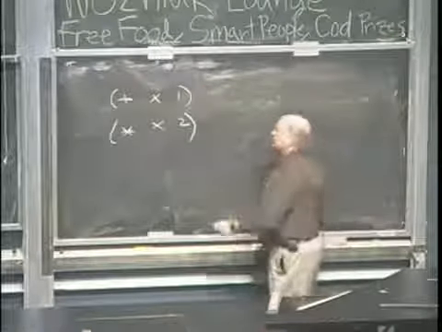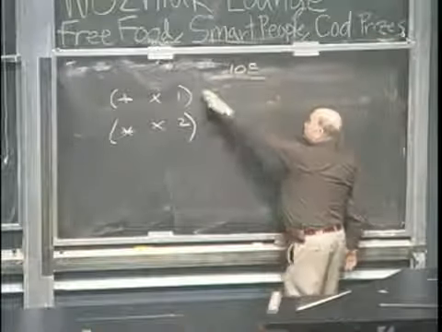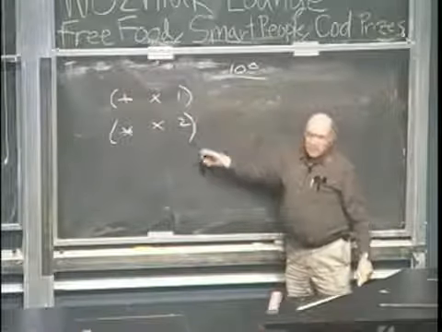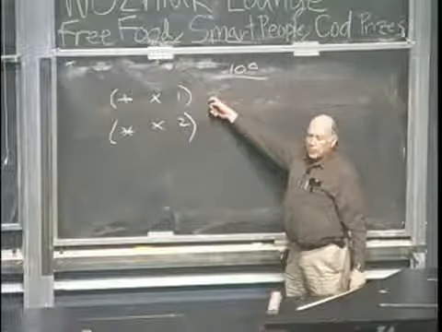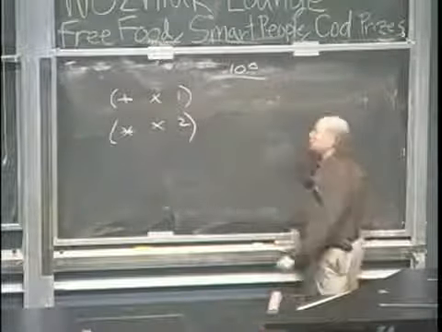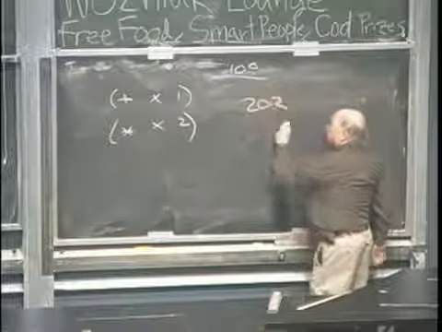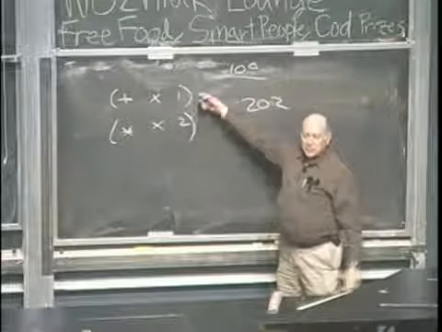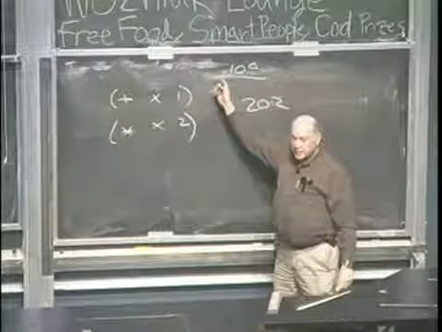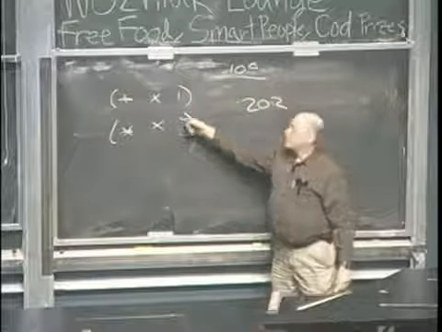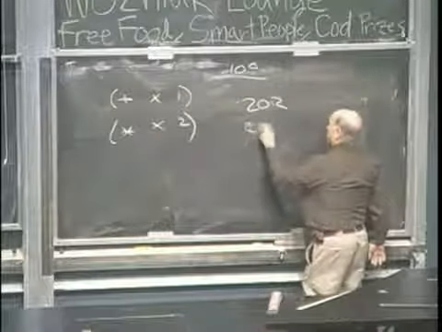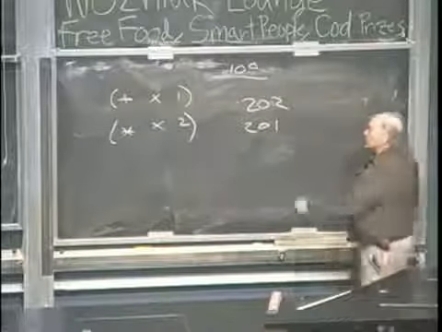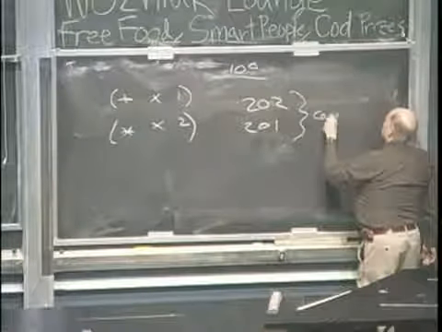And x starts out at 100. What if we do this one first, then that? 101, 202, right? What if we do this one first and then that? 100, 200, 201. Okay, so these answers are correct.